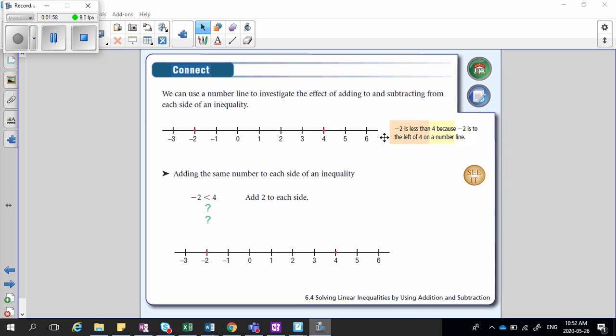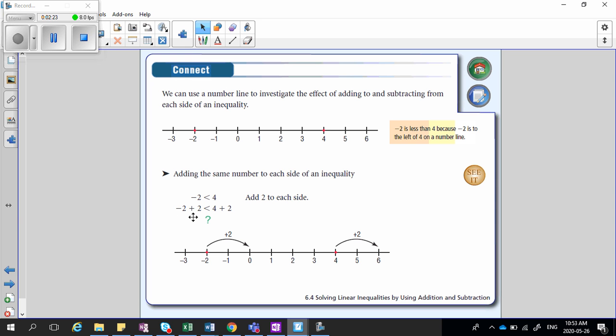Okay, so if we look at this, we see there's a red dot on -2 and a red dot on 4. Okay, so we're going to add the same number to each side of an inequality. Let's do it. So here's our inequality. -2 is less than 4. Yep, it is. Okay, so we're going to add 2 to each side just to try something.